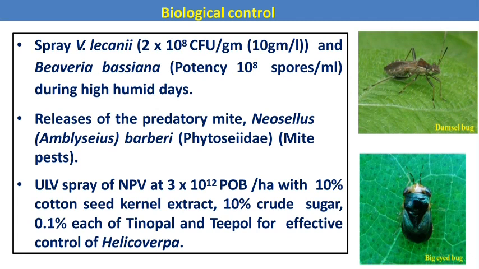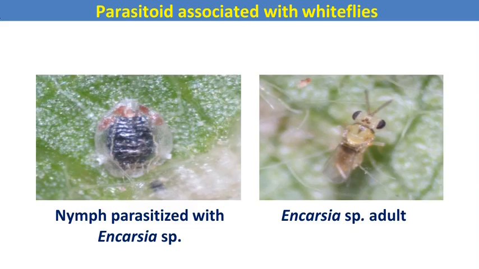Then these are the predator mites. This predator mite is mostly used against the phytophagous mites of cotton. Then after that this is the Encarsia species or Encarsia formosa. This Encarsia formosa is one of the nymphal parasitoids used against the cotton whitefly.